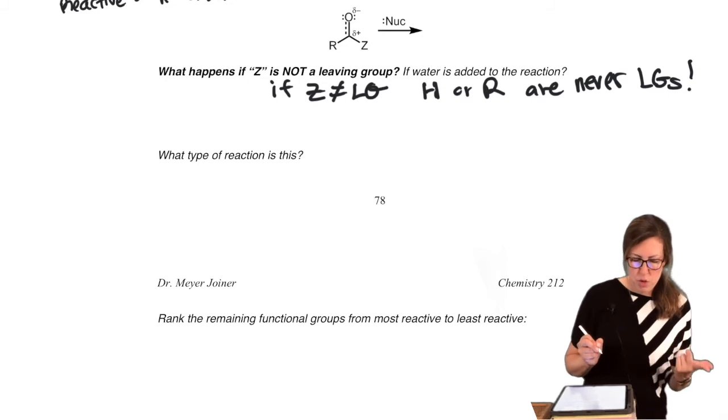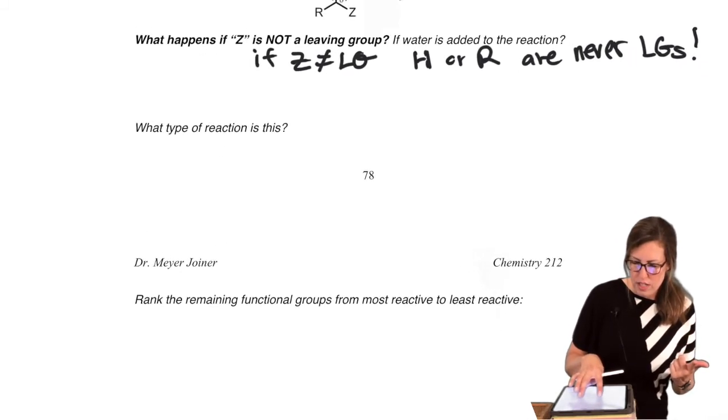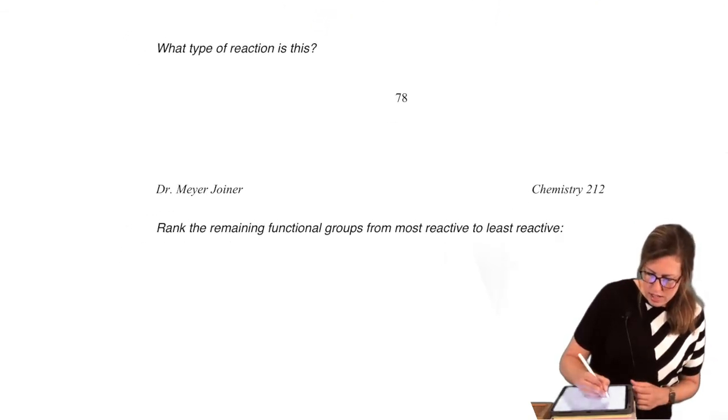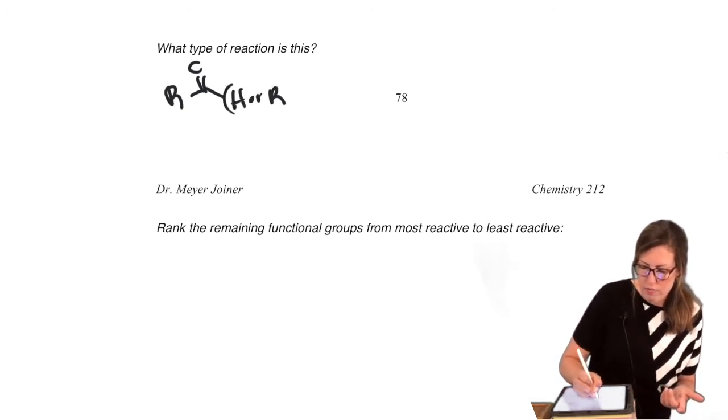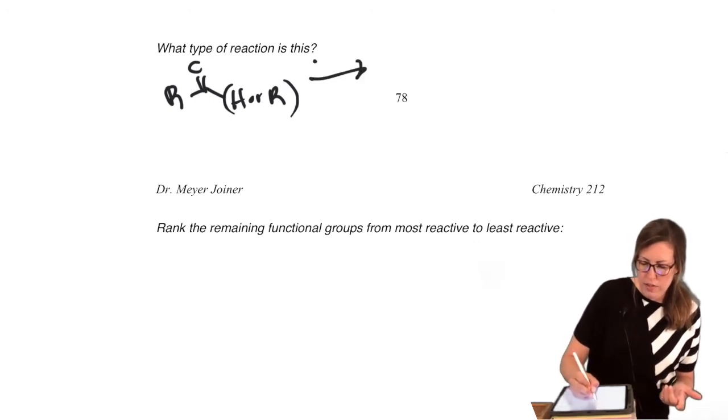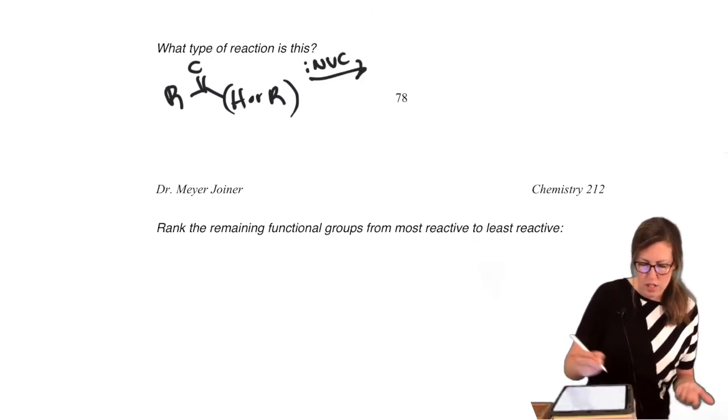So, just as a reminder, since H and R never leave, if we take ZR and we define Z as not a leaving group, which means it's either an H or R, and then we add our nucleophile, well, hey, this is just the previous section all reviewed.